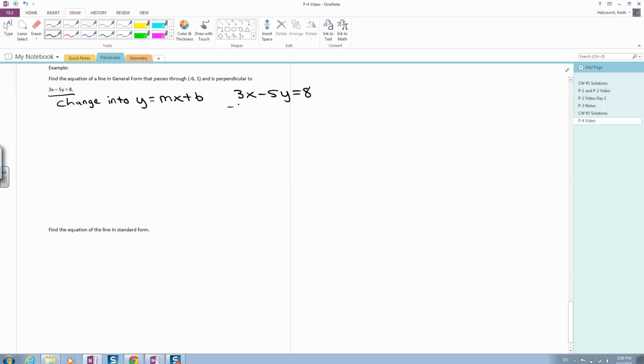So I have to subtract 3x and divide by -5. So you get y equals 3/5 x minus 8/5. So that means the slope of this line is 3/5.